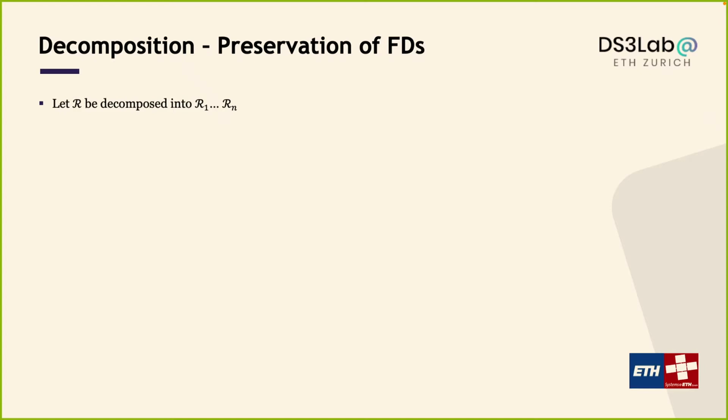After decomposition, I cannot write down a functional dependency across relations. I can only do that for each individual relation. So the question is whether the set of functional dependencies for the bigger relation is equivalent to the union of all functional dependencies you define on each small relation. If this holds, we say that this decomposition preserves all the functional dependencies.